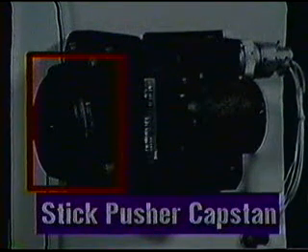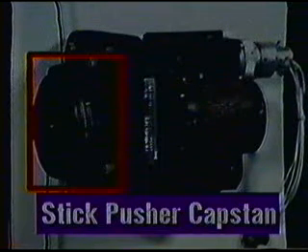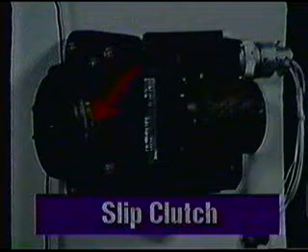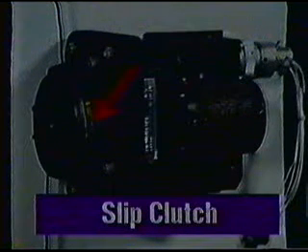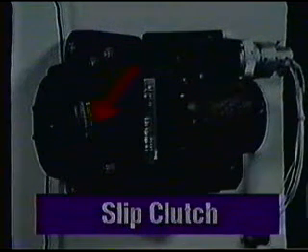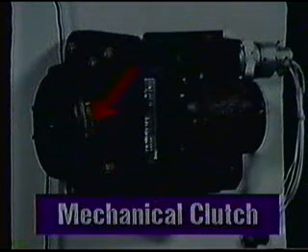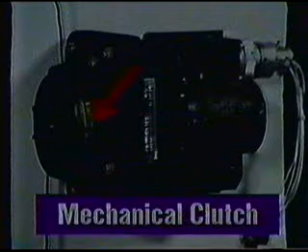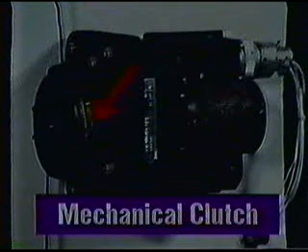The capstan installed in front of the servo is the stick pusher capstan. The unit installed within the capstan that allows the pilot to override the pusher is called the slip clutch, or mechanical clutch. It should not be confused with the electrical clutch installed in the servo itself.